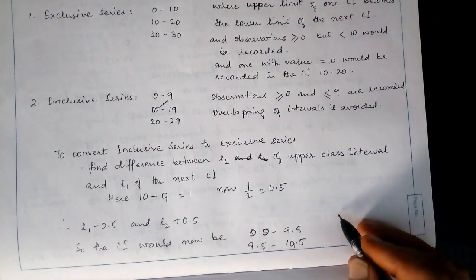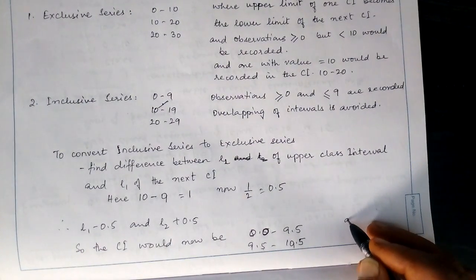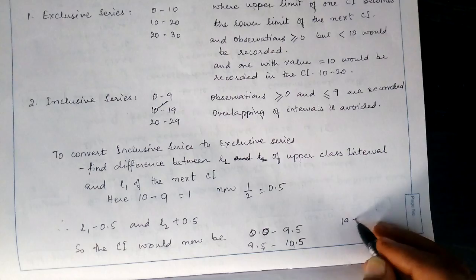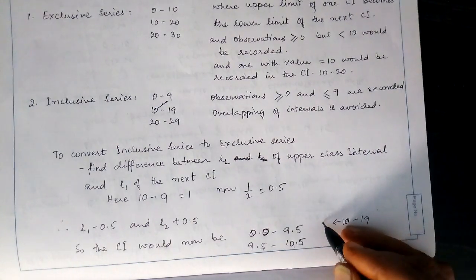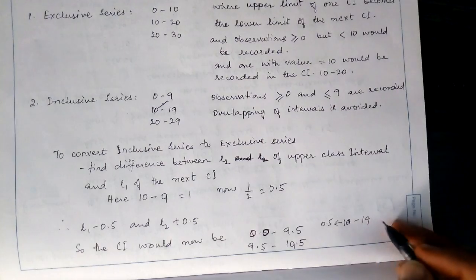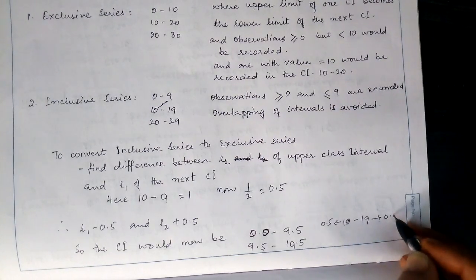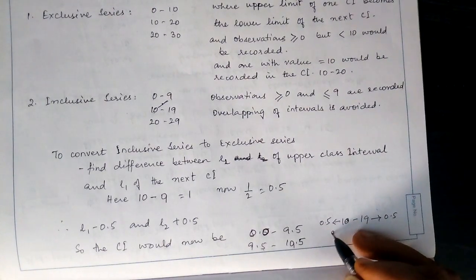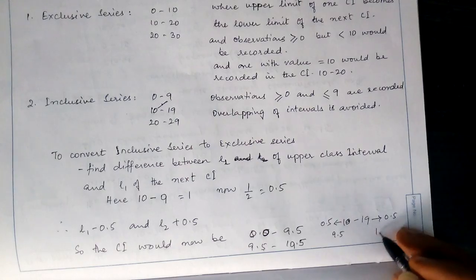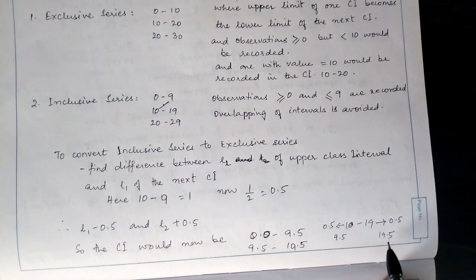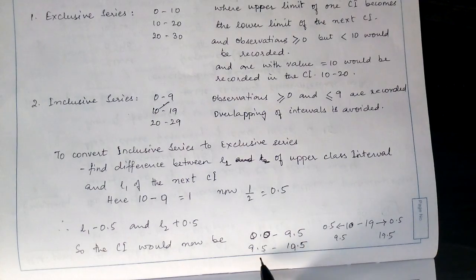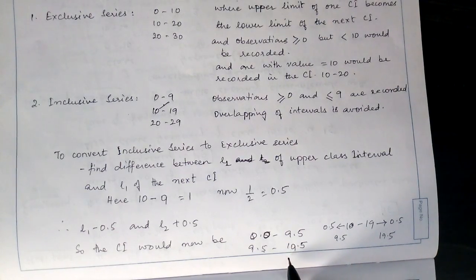So what we actually do is, if you have 10 to 19, you go a little back 0.5 and you go a little ahead 0.5. So now this becomes 9.5 and this becomes 19.5. You space them in such a way that the class intervals become continuous and exclusive.